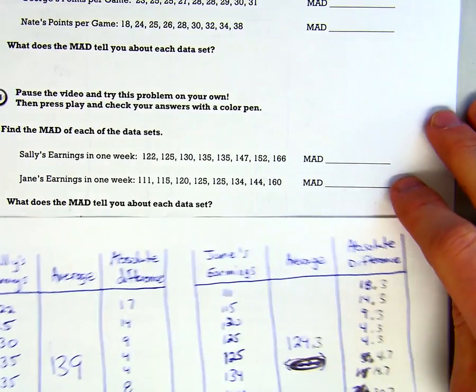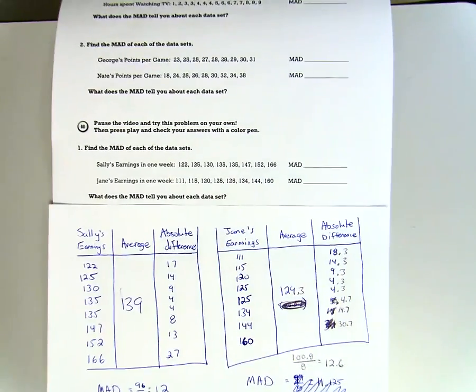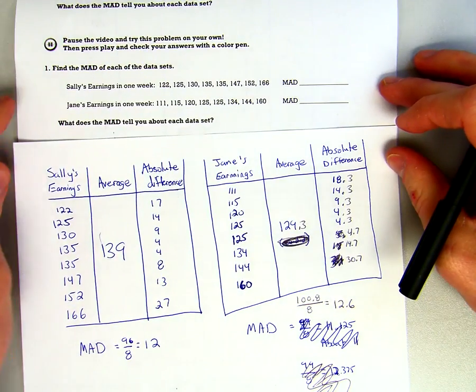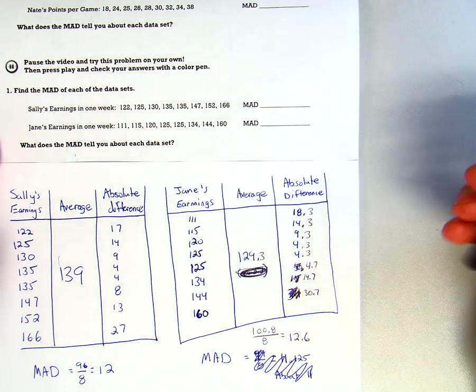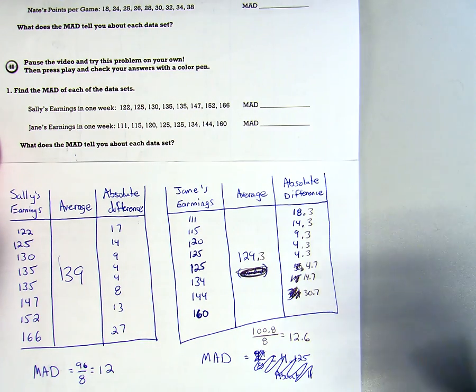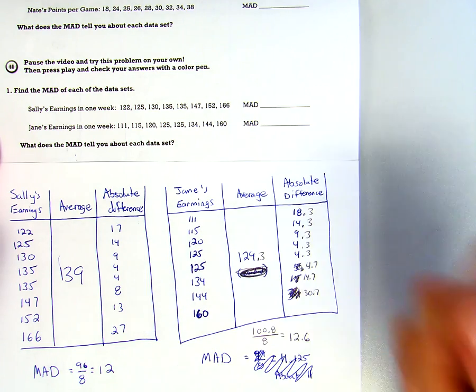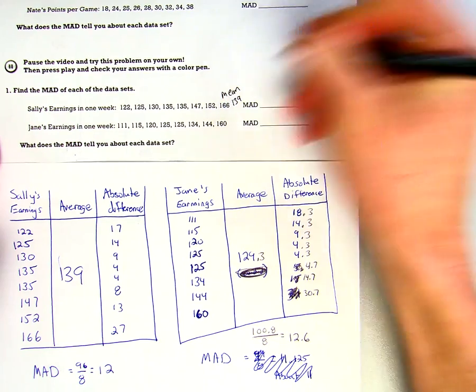Hopefully you've paused your video. Okay, we'll go ahead and take a look at what you should get. Let's go ahead and pull this out a little bit. Alright, so Sally earned in 1 week, you should have gotten an average of 139.